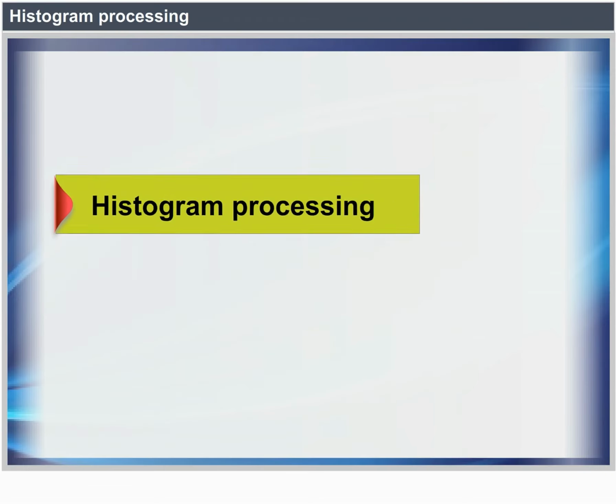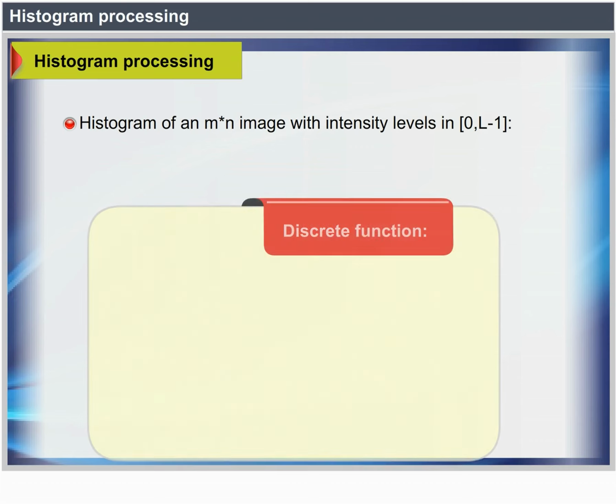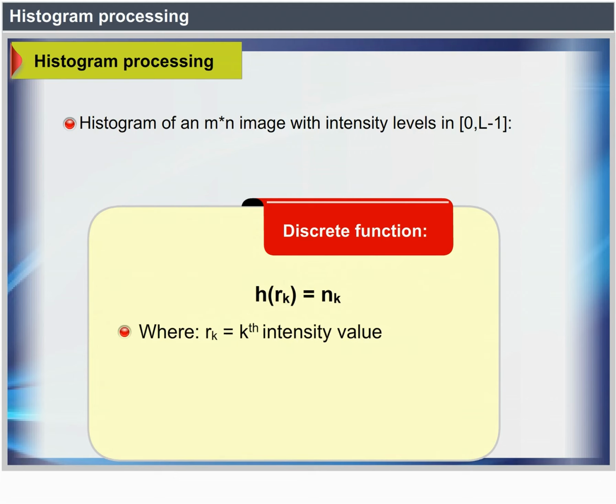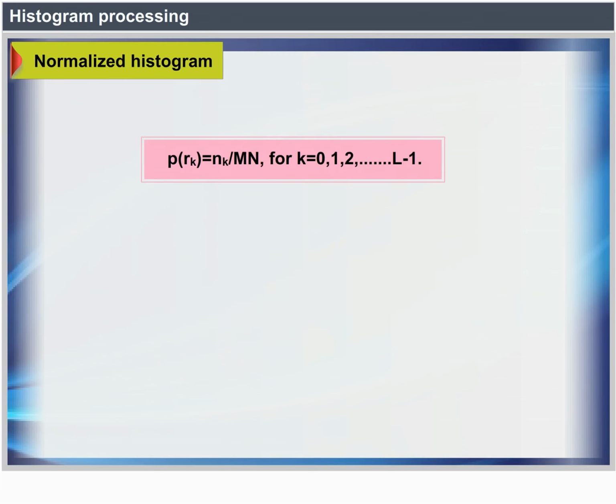Normalized histogram P of rk equals nk by MN for k equals 0, 1, 2 up to L-1. P of rk is the estimate of the probability of occurrence of intensity level rk in the image. In a normalized histogram, summation of k equals 0 to L-1 of P of rk equals 1.